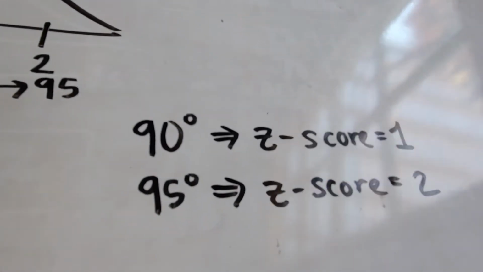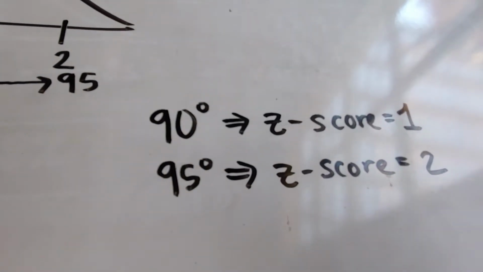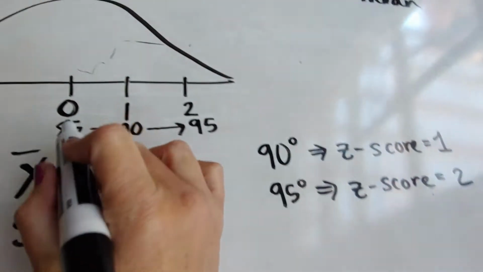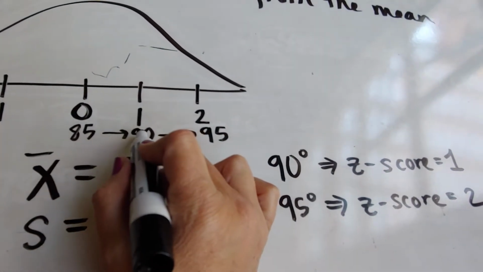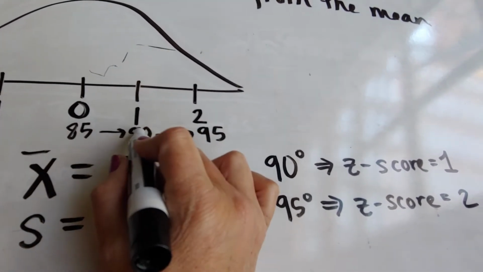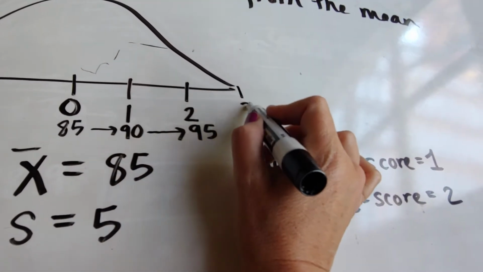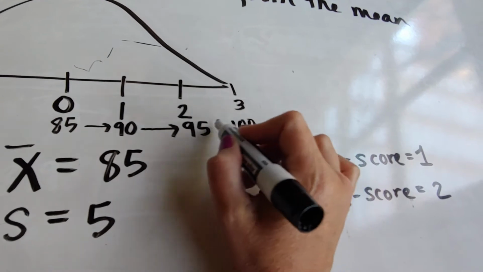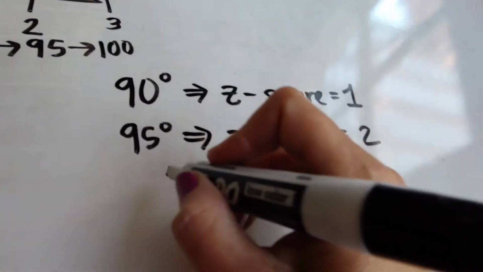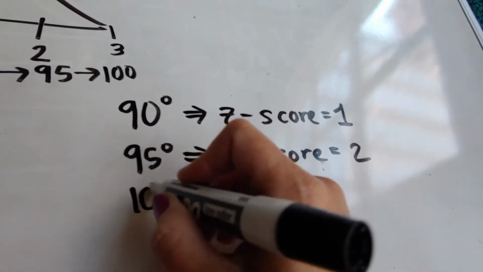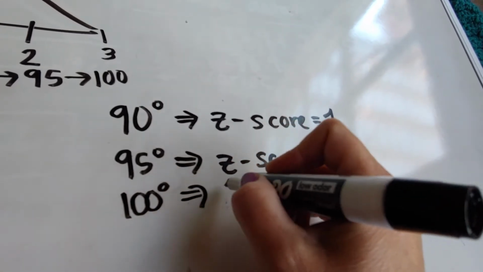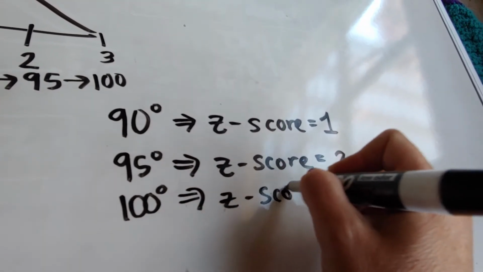Now, some of you may be thinking, well, Jen, could you do a z-score of 3? Sure. A z-score of 3 says that I'm walking out that standard deviation 3 times. So if I were to walk out 1 more, a temperature of 100 degrees would have a z-score of 3.